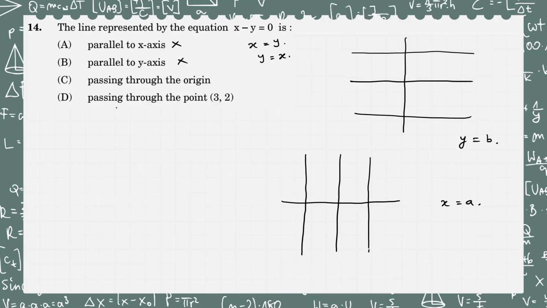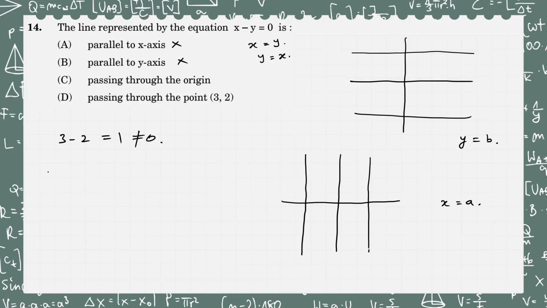So if I take 3, 2, then 3 minus 2 should be equal to 0, if that is valid. Okay, but 3 minus 2 is equal to 1, which is not equal to 0, right? So for the LHS I am getting 1, for the RHS they have given 0, both of them are not same.